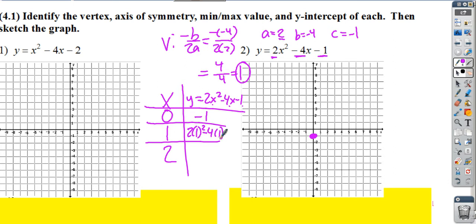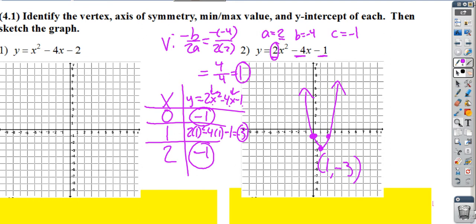Minus 4 times 1 is 4, so 2 minus 4 is negative 2. Negative 2 minus 1 is negative 3. So we have the point 1, negative 3. That's the vertex right there. And then we know from before that because this is symmetrical, when you plug in 2 for x right here, you'll also get negative 1. So there's our parabola. We knew it was going to open up because this a value is positive.